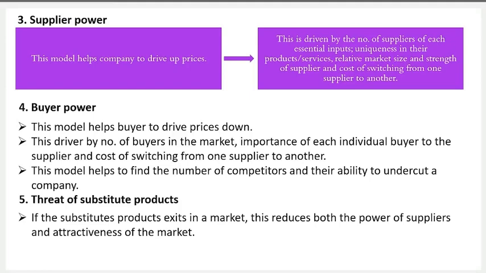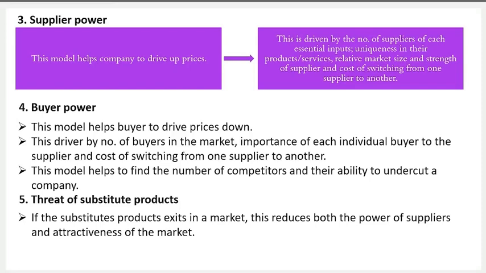Basically what happens in any industry is that 70% of the business will be done with 10 to 20% of the buyers.